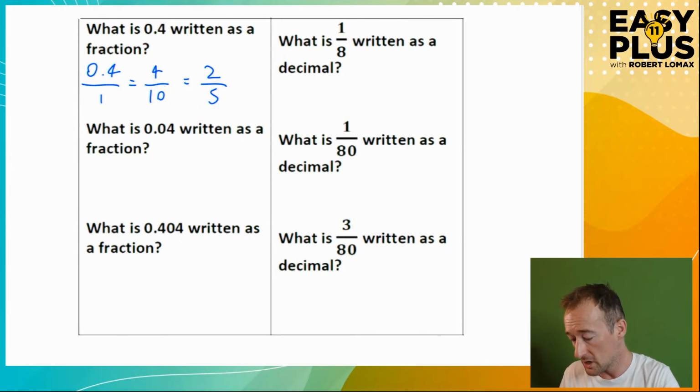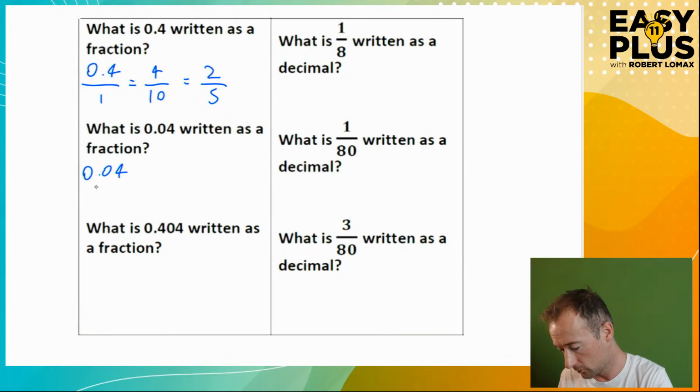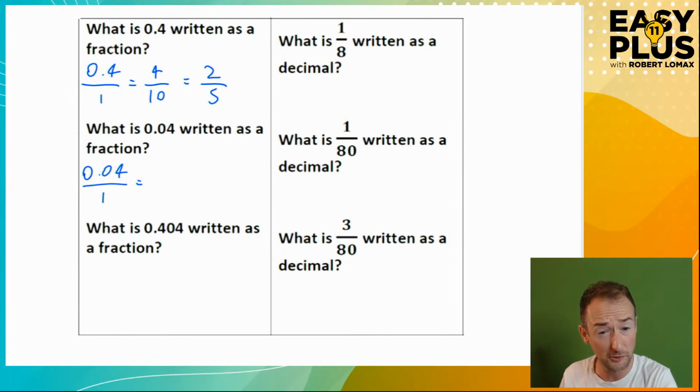What is 0.04 written as a fraction? So let's try the same approach. 0.04 out of 1. Okay, now because there are 2 numbers after the decimal point, we have to times by 100 to get rid of the decimal. So we're going to get 0.04, otherwise known as 4, out of times 1 by 100, out of 100. Okay, can we simplify it?